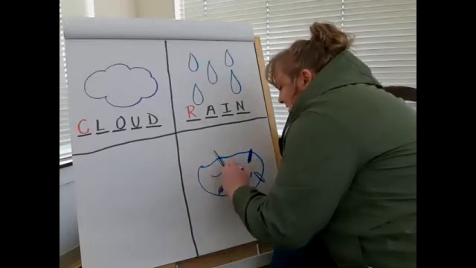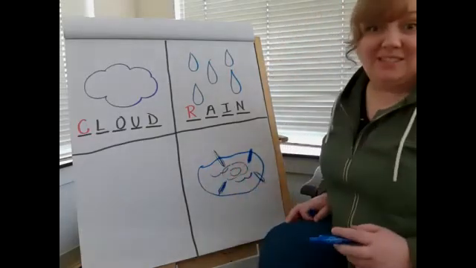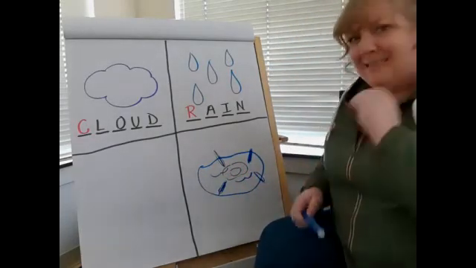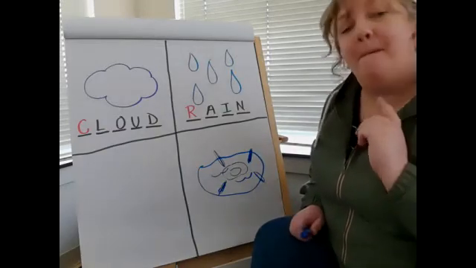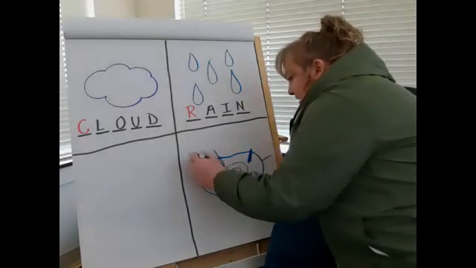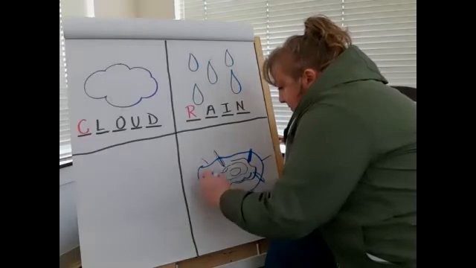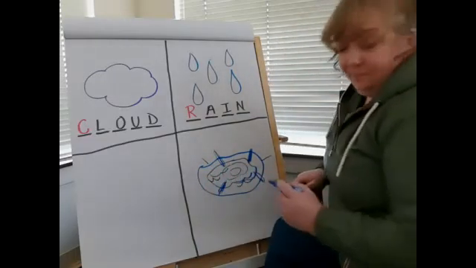Can you tell what this is? I might just have to tell you. It's a little tricky to draw. It's a puddle. So, I don't know if adding lines will help or make it worse. Well, what do you think?